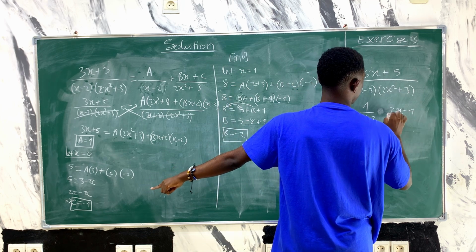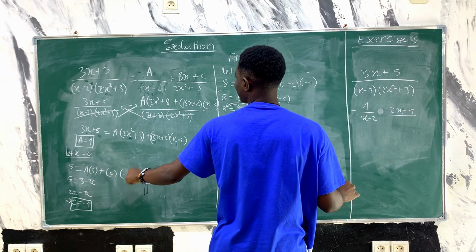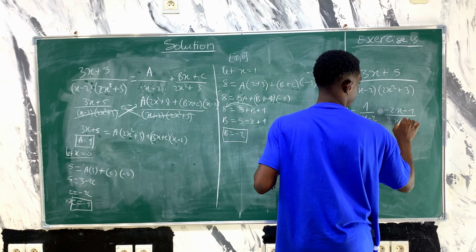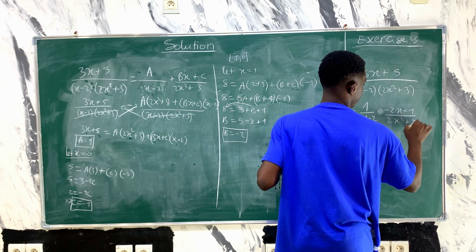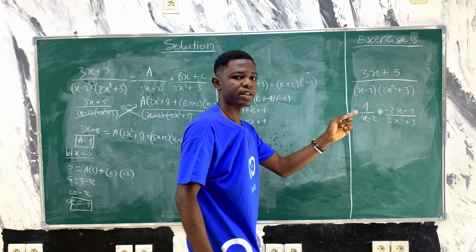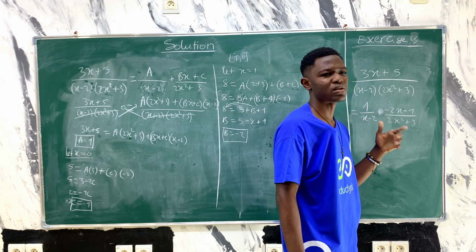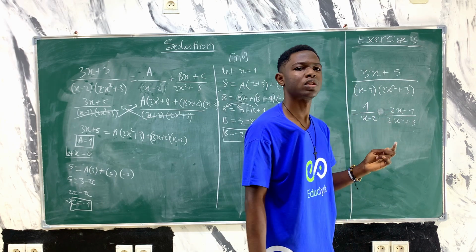So it's -1 on 2x squared plus 3. If I write it like this, it is correct. But if you put a sign, then you put a negative sign, it's not. If you put this on a calculator, the calculator will not understand.